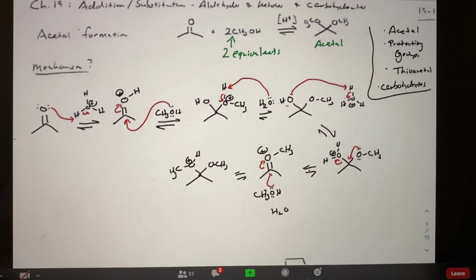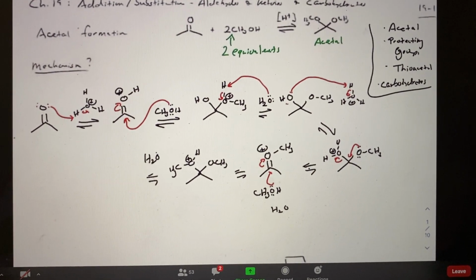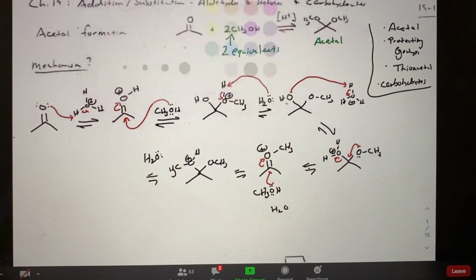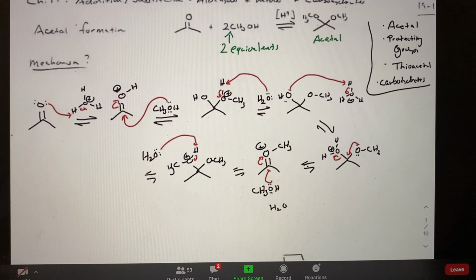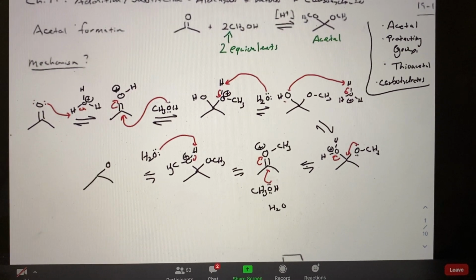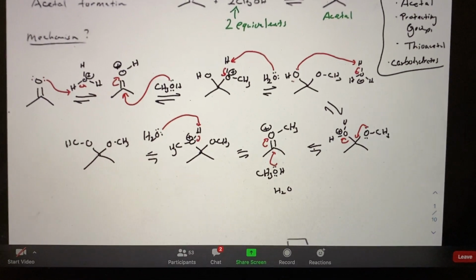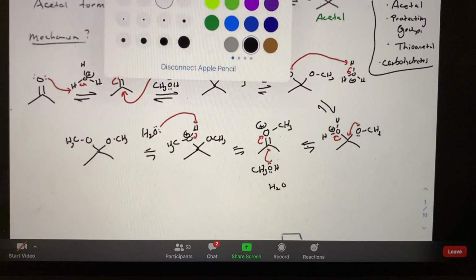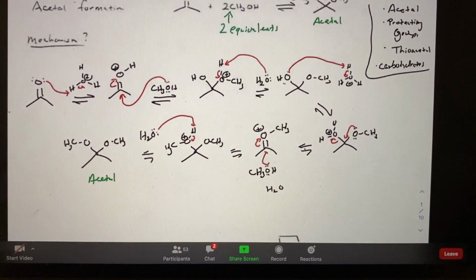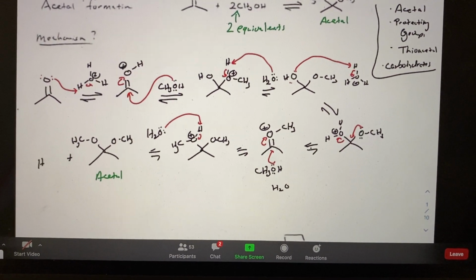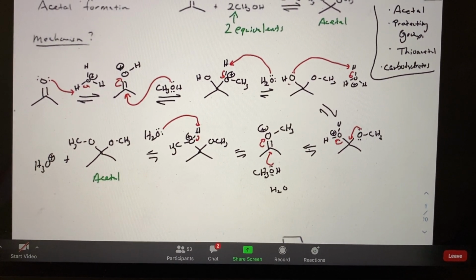And one more step is we need to take off that proton to generate our acetal. So there's our acetal. Sorry, I should put this one in there too. Plus, so we regenerated our acid.